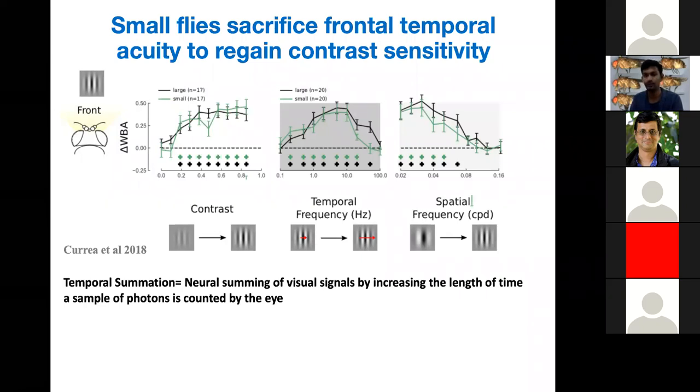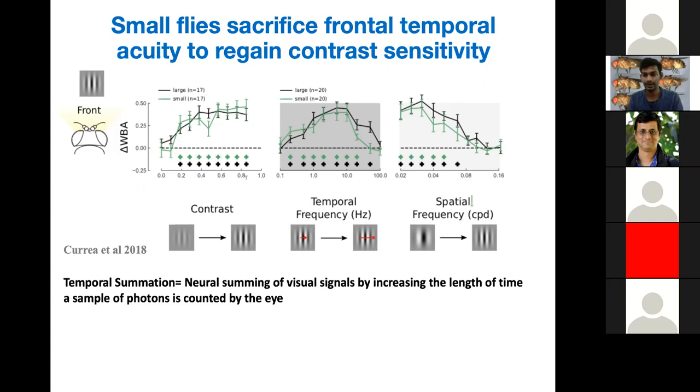And these are also insects that seem to do very well under indoor conditions, for instance, where light levels are pretty low. Under those conditions, they would be required to temporally summate a little more than they would in the bright outside world.